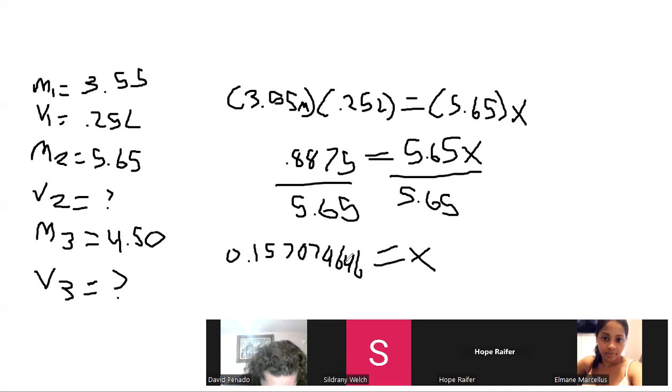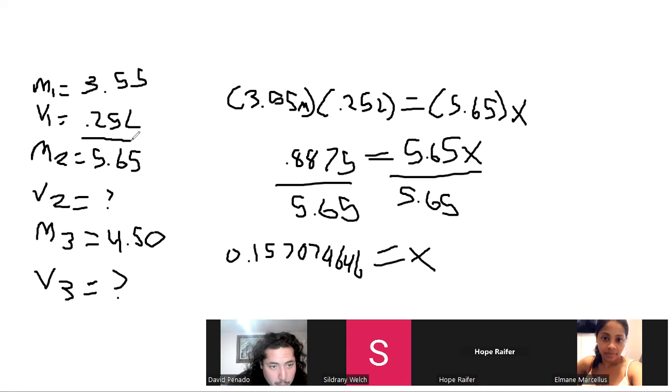What's the volume? And we're working with milliliters. So how many sig figs? We're in liters right now, so we have to change this to milliliters.